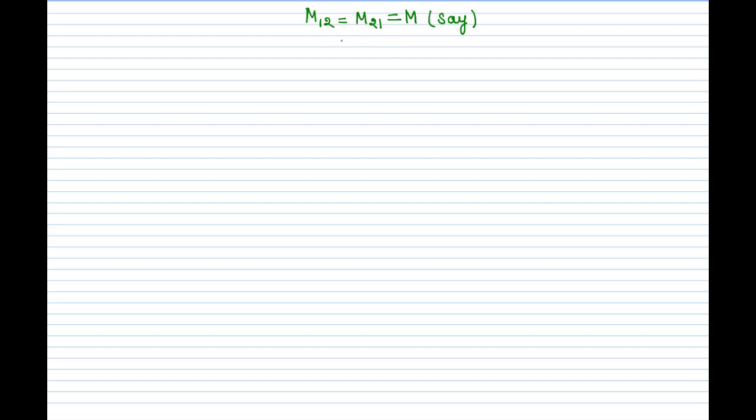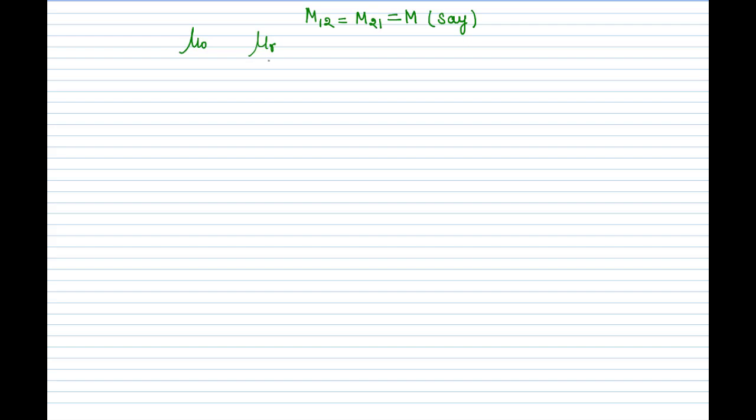Now in all the derivation we are taking mu naught, the permeability of free space or vacuum. If there is some medium, then the permeability of the medium with respect to vacuum is called the relative permeability.